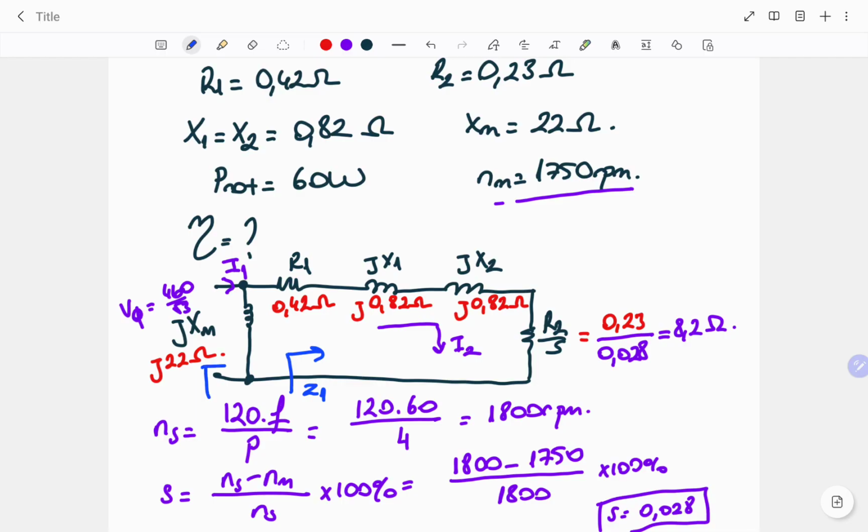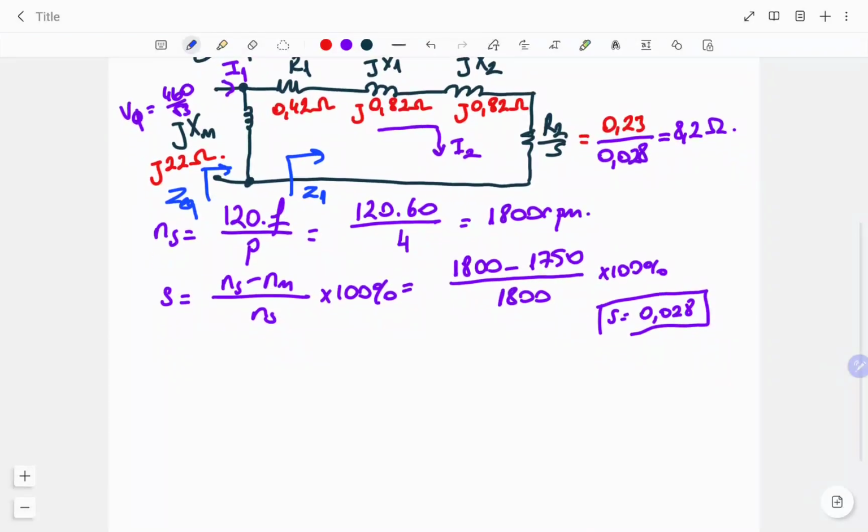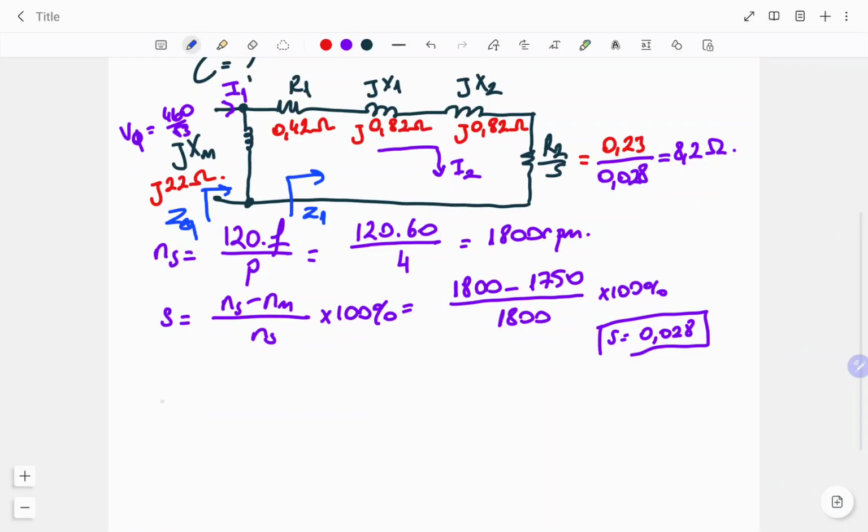Then we have a parallel connection of that group with Xm, and it will be the equivalent impedance. So the first one, Z1, will be R1, X1, X2, and R2 over S.